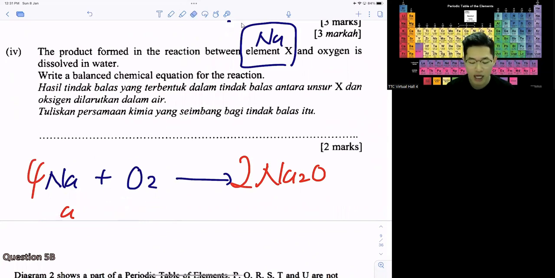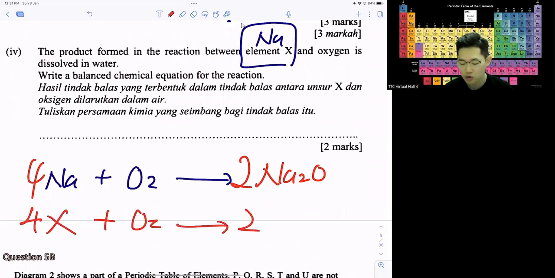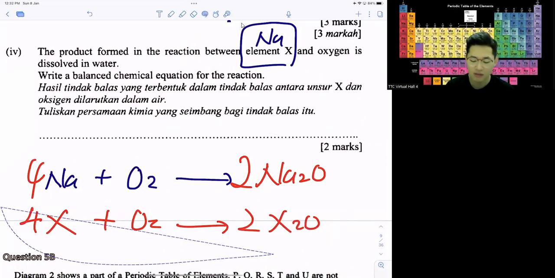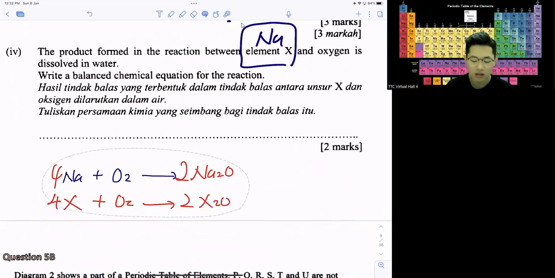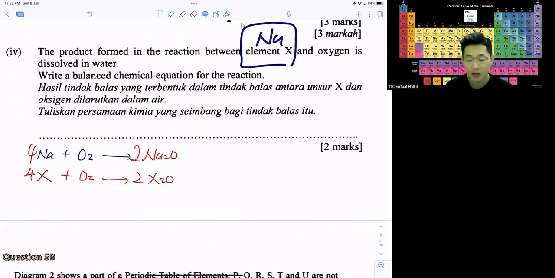Then only you change it back to X. Copy the whole thing, change Na to X. 4X plus O2, 2X2O. This is the easiest one. So this is the reaction between X and oxygen.